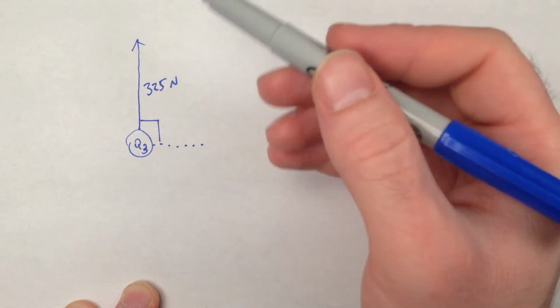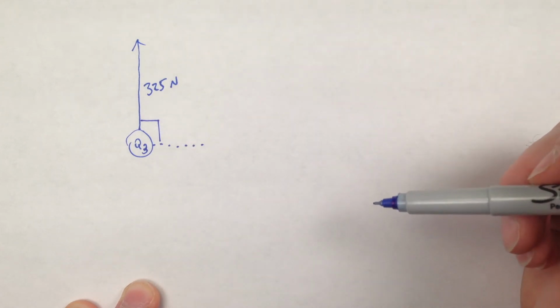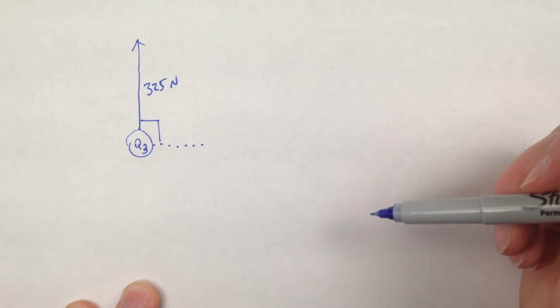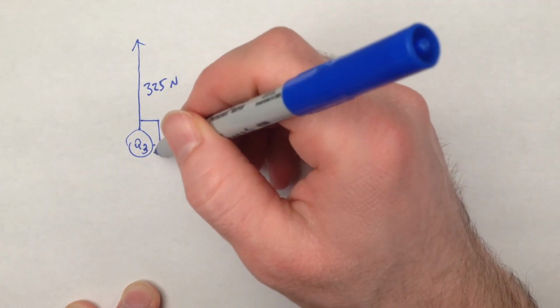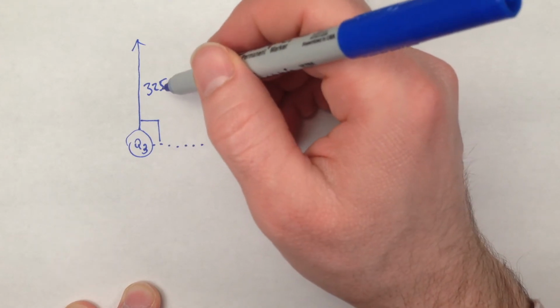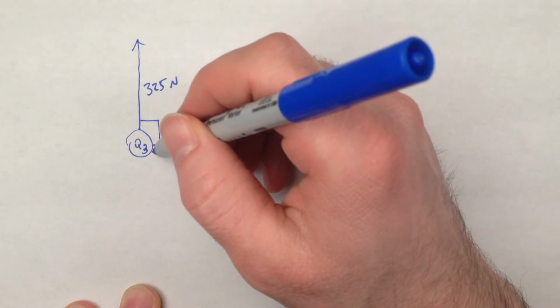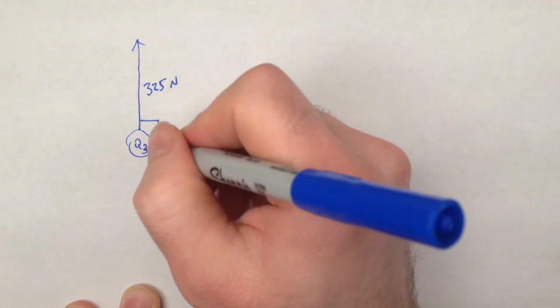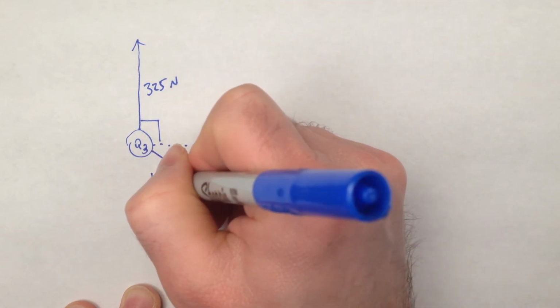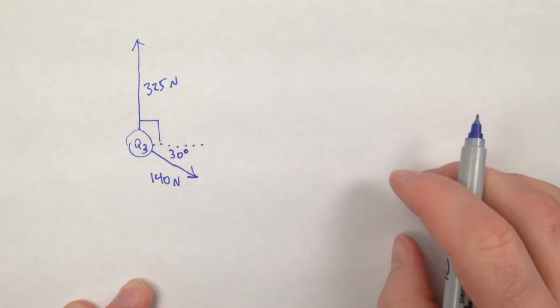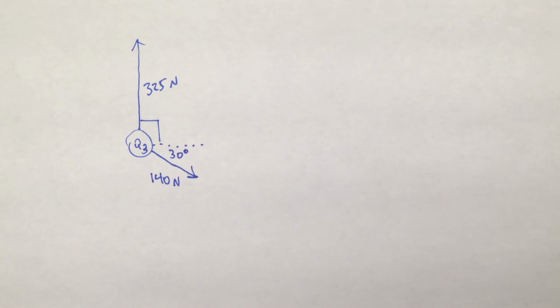So there's 90 degrees. And then I have to add to that this force right here, which has a magnitude of 140. That's less than half of that. 140 newtons. This cute little 30-degree angle. Isn't it so adorable?